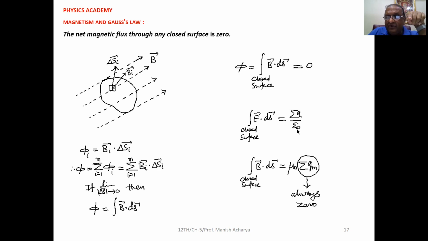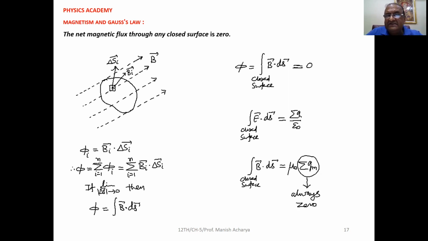So here, in place of 1 upon epsilon 0, the constant is mu 0. Sigma q is the algebraic summation of the electric charges, so here sigma qm is the algebraic summation of magnetic charges.